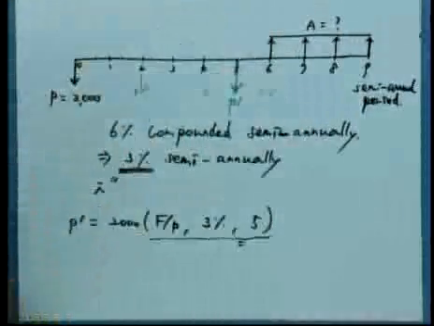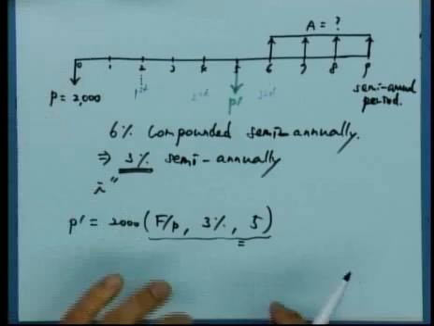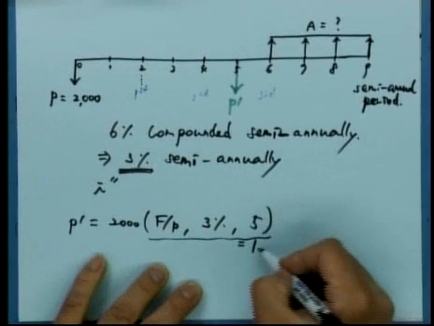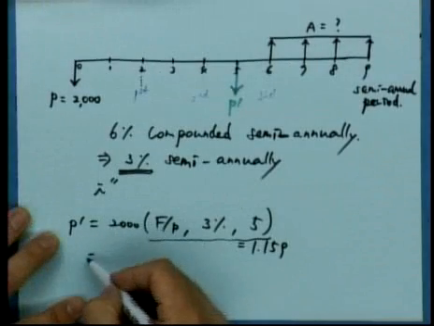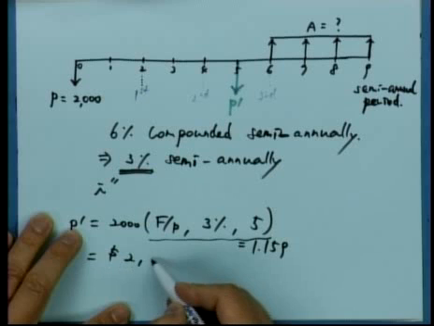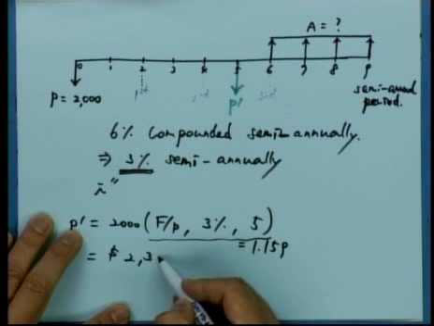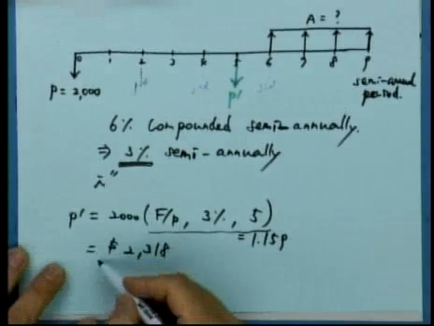So in page number 604 of our text, F given P over 5 periods is 1.159. So this is $2,318, right?